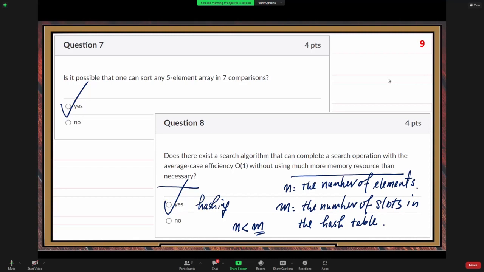But we know storage is very cheap, right? We just increase, not too many, just a reasonable number of additional slots, and we reduce the collisions significantly. Then it's worth it. All right.